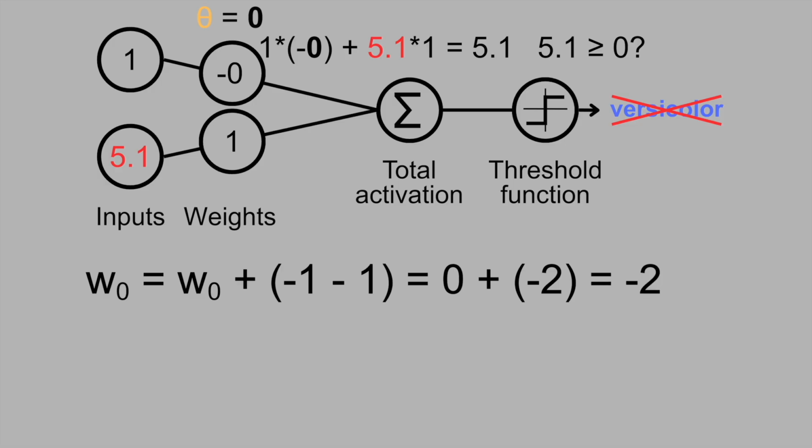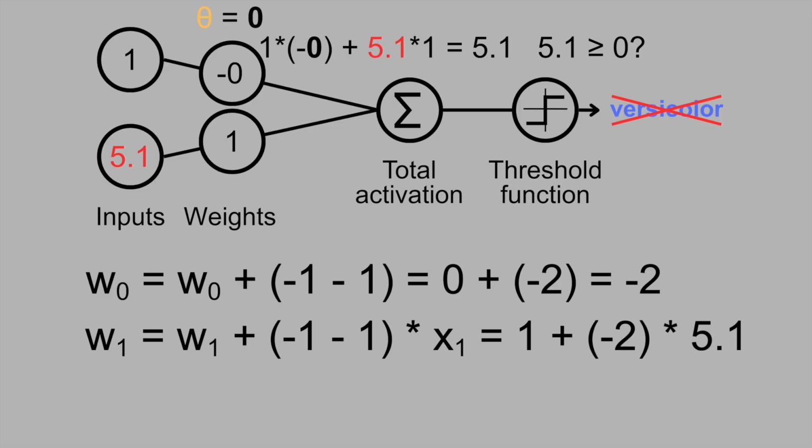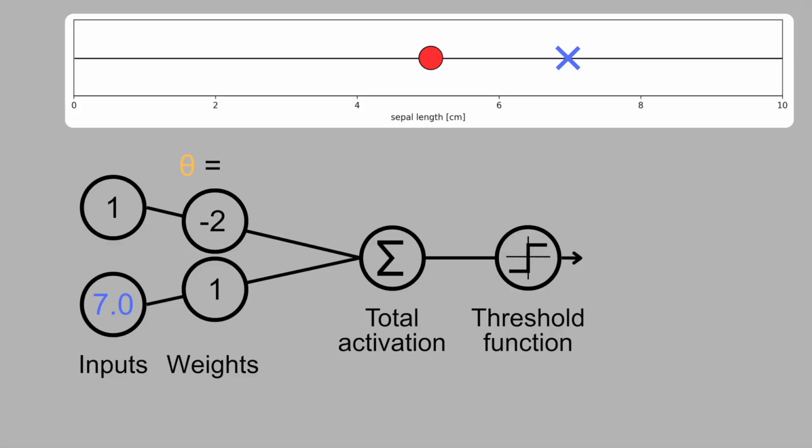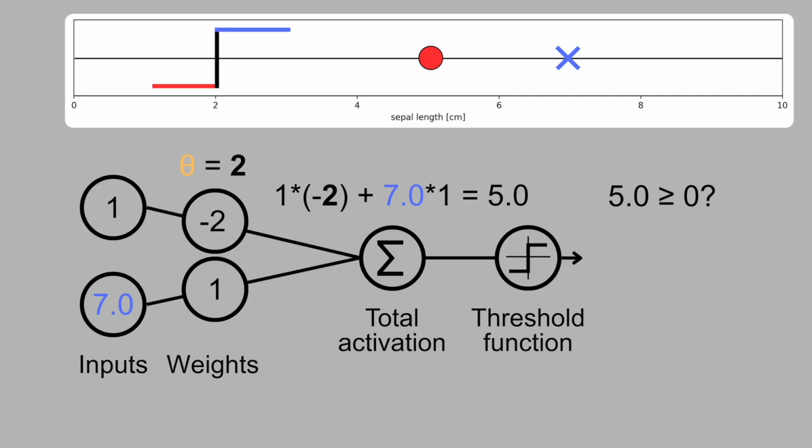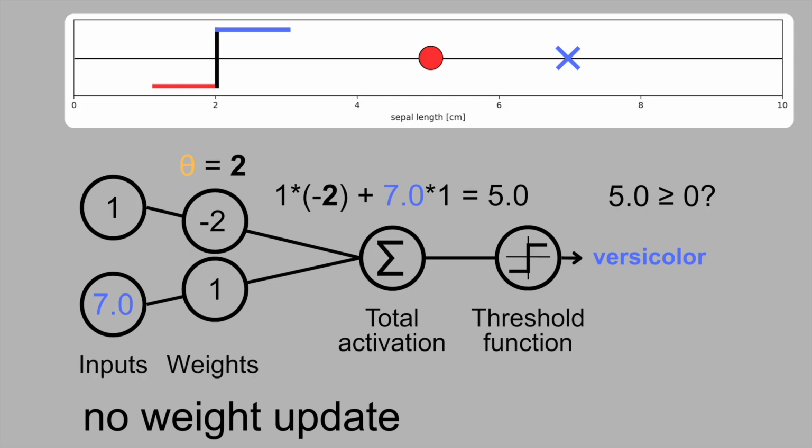Please note that in reality, all weights are updated. So we move the boundary to the right and compute total activation. Answer the question, is 5.0 greater than or equal to 0? It is. The perceptron correctly guessed it is versicolor and no weight update is performed.